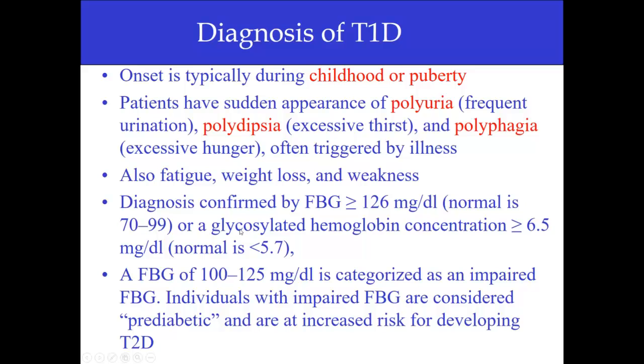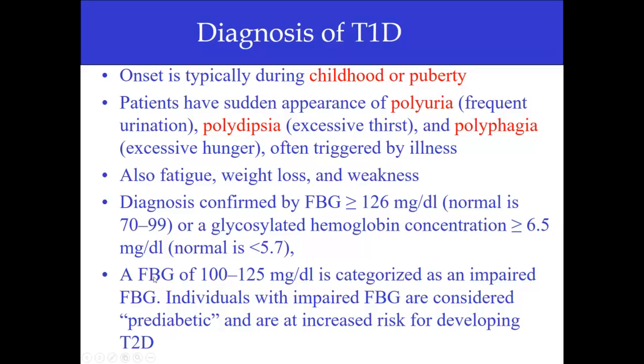Or we can measure the glycated or glycosylated hemoglobin concentration, which for a diabetic patient should be greater than or equal to 6.5, because the normal glycated hemoglobin should be less than 5.7.